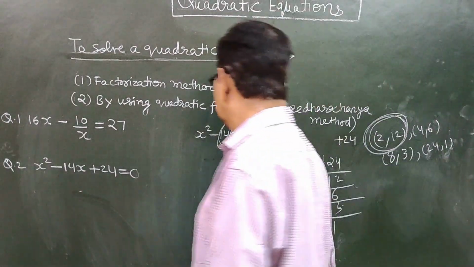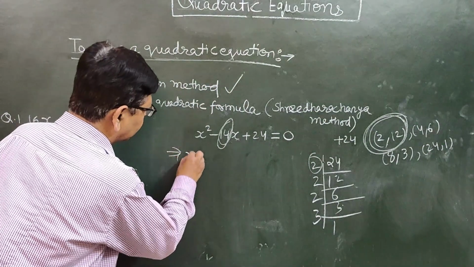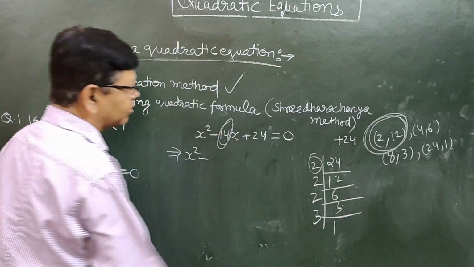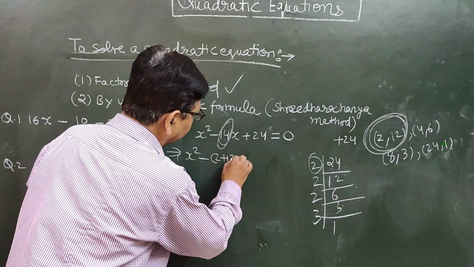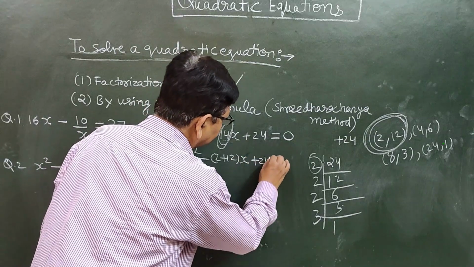So I will write x square minus this number as the sum of the two numbers, that is 2 plus 12, into x plus 24.